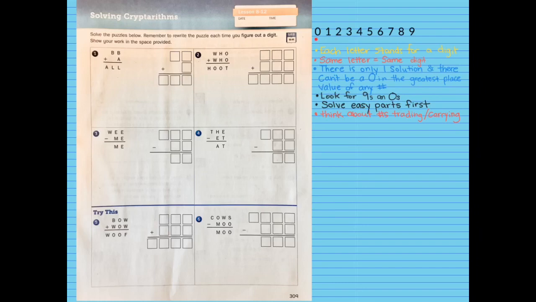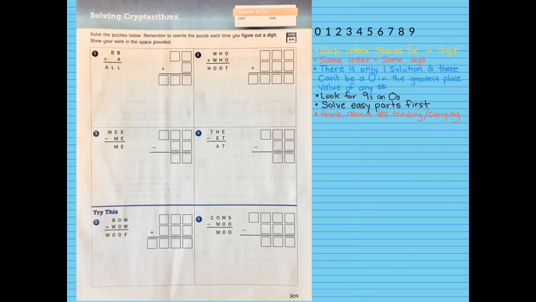Those are going to make a little bit more sense once we get started. I've also written down numbers 0 through 9 to help us keep track of the numbers that we've already used and to give us a visual of numbers that we can use, because we can only use digits 0 through 9, of course. We're going to mark them off as we figure them out for just one problem, and each time we'll erase the numbers we've marked off when we move to a new problem.